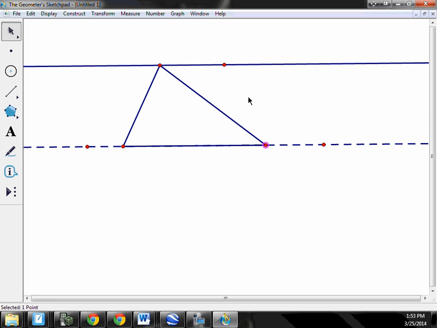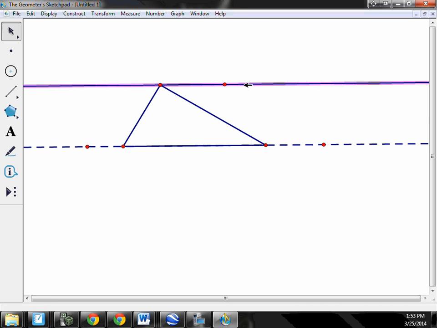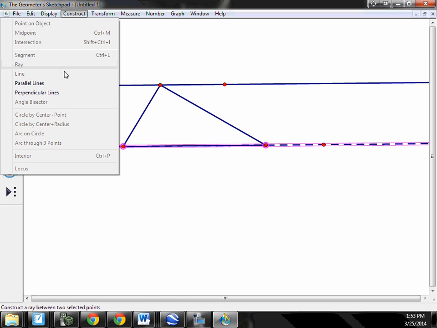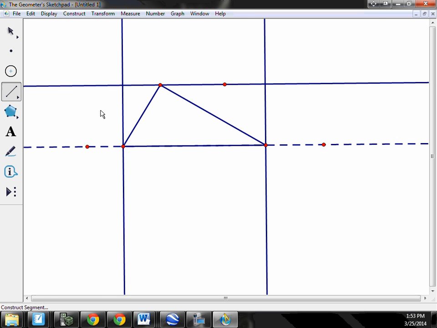So there's my triangle. I can move it, change its size. For the rectangle, there's a rectangle. And this program is really nice because you can calculate areas pretty easily.